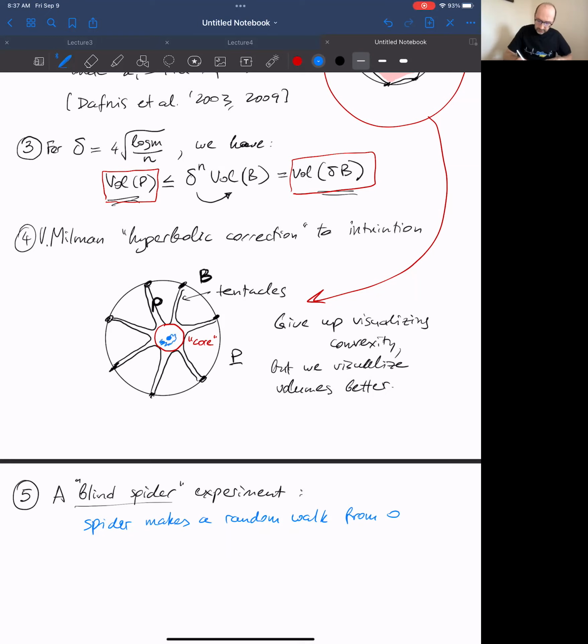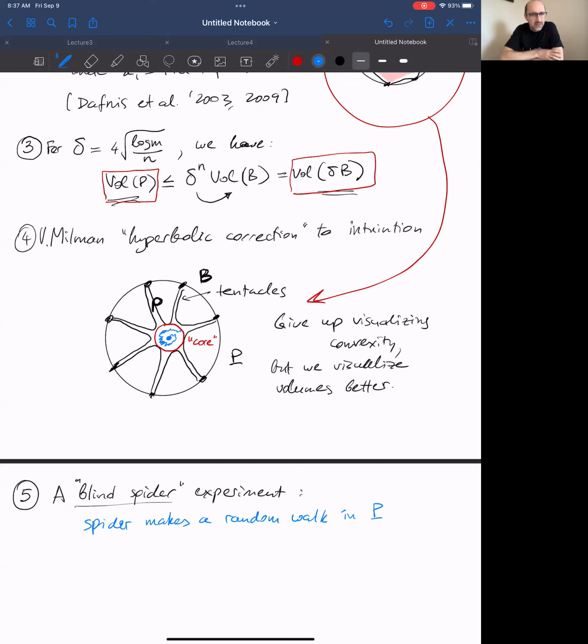So imagine you are like a spider and you walk and walk and walk in the polytope, in P. Imagine the polytope itself has walls. The boundary of the polytope is walls, and the spider can just travel inside the polytope. What will the spider see? Where will the spider end up eventually?